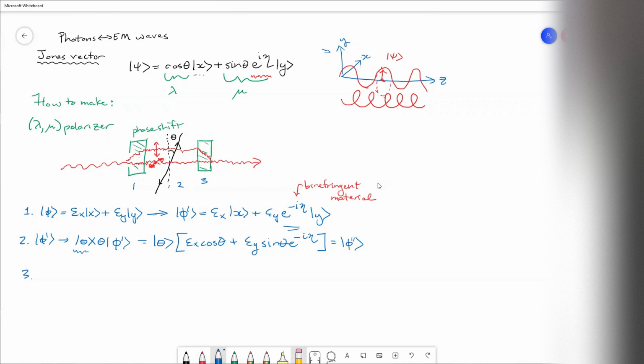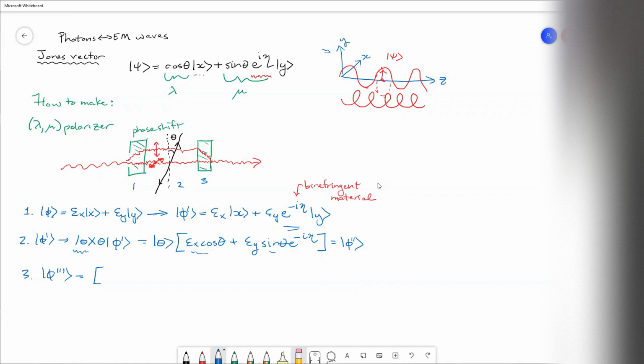Okay, so in step 3, you just do the reverse. You get a phi triple prime now. That's after step 3. And what do you get? Well, along the X direction, you just get the same amplitude multiplied by cosine theta.